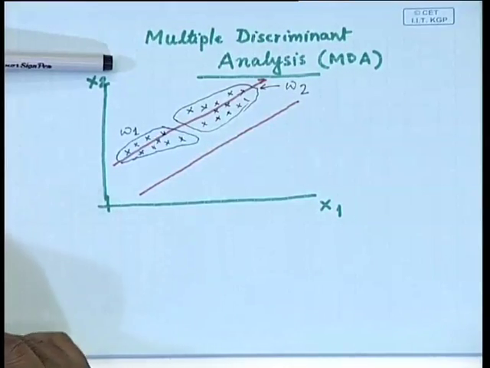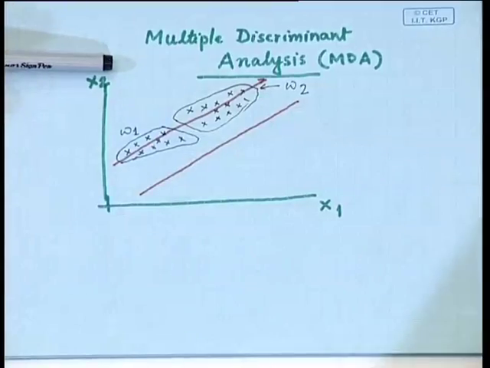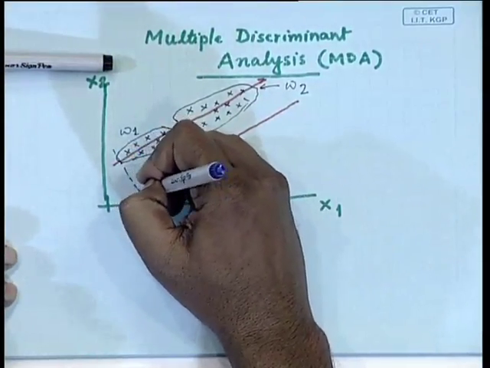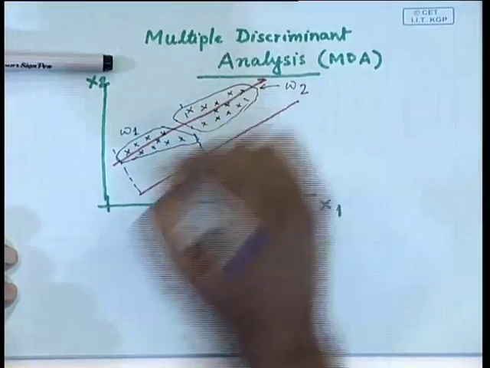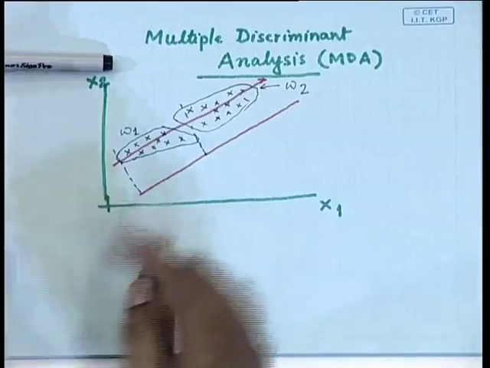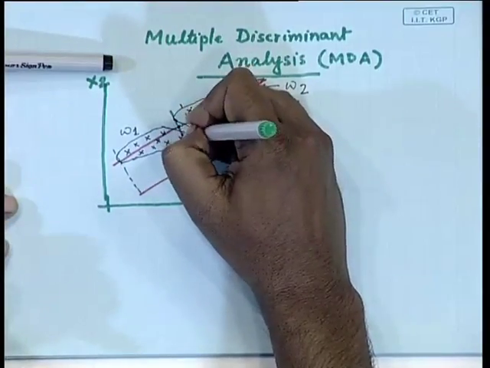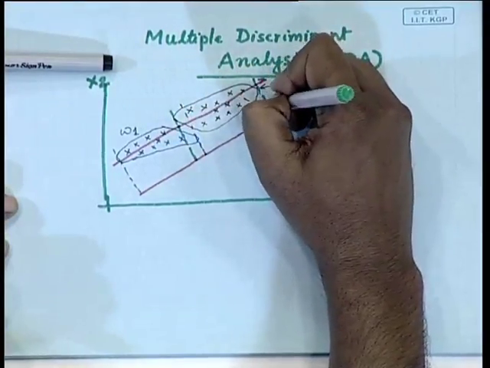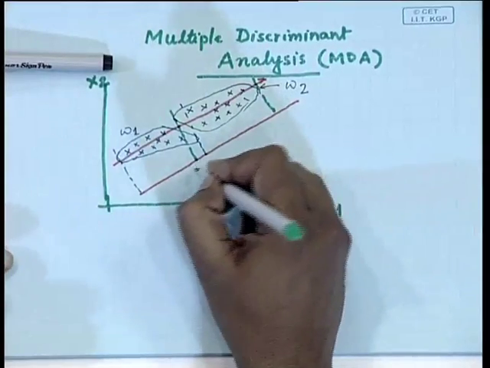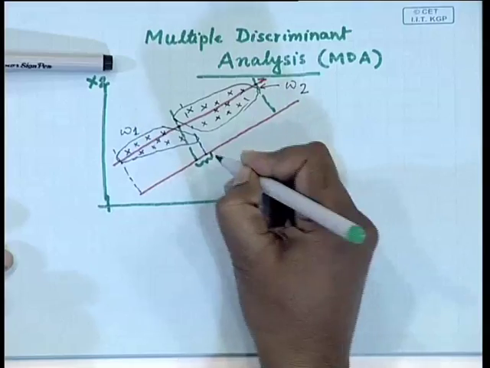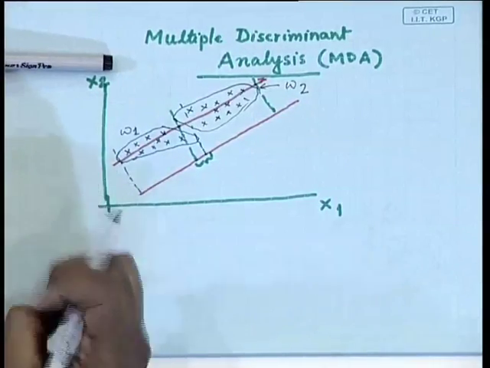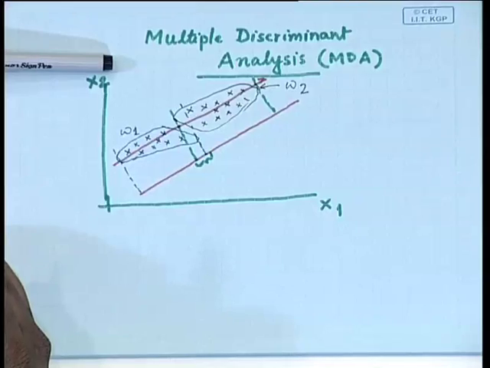So, if I take the projection, you find that this set of data will be projected into this space, whereas the data labeled as belonging to omega 2 will be projected into this space. Okay. So, as a result, you find that I have a region where the data from both class omega 1 and class omega 2 are intermingled. Okay.